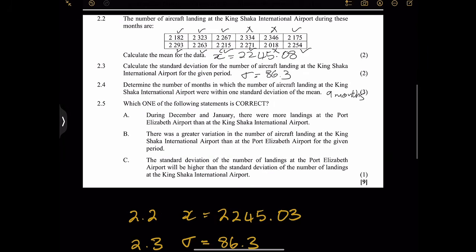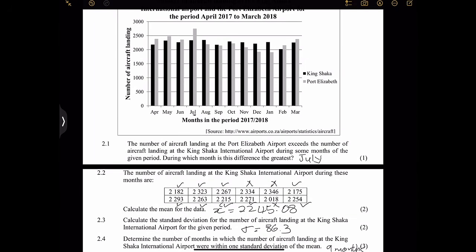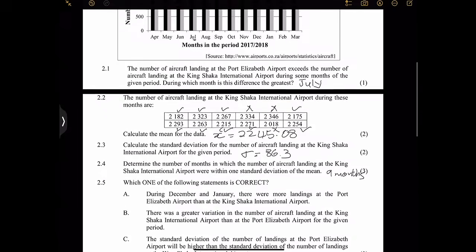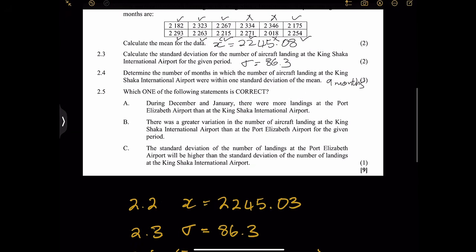The second one says there was a greater variation in the number of aircraft landing at King Shaka Airport than at Port Elizabeth. For the given period, no, I would say there was a greater variation at Port Elizabeth than at King Shaka, so that wouldn't be true.